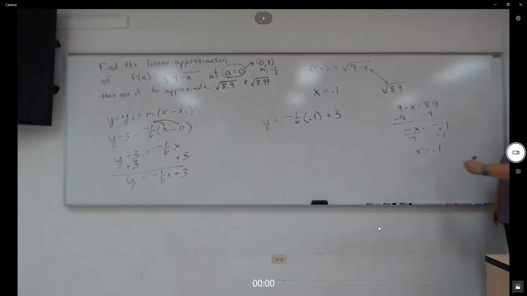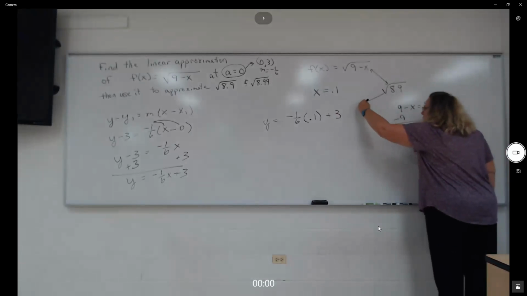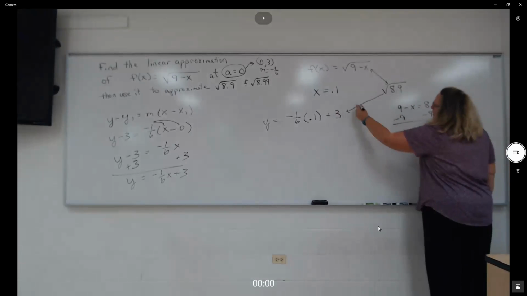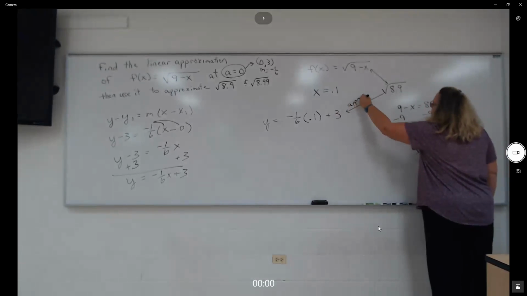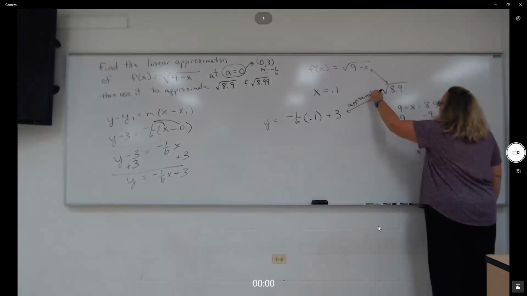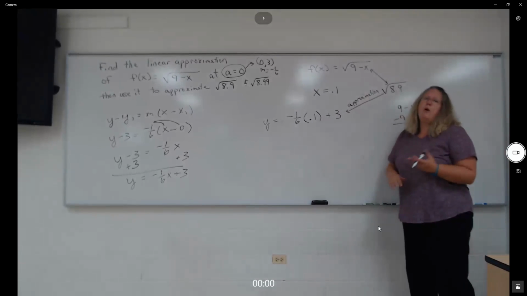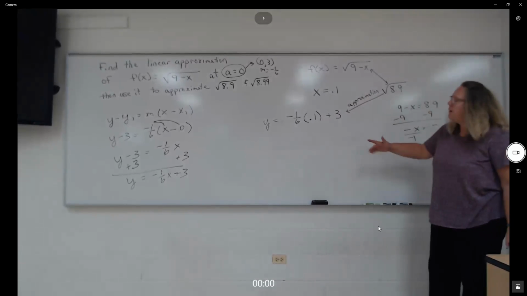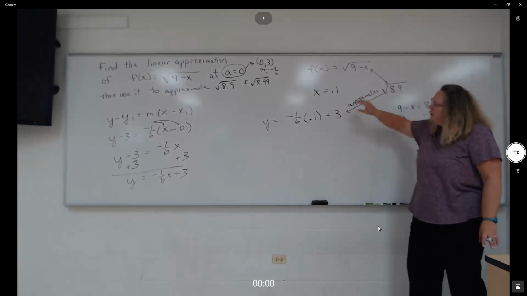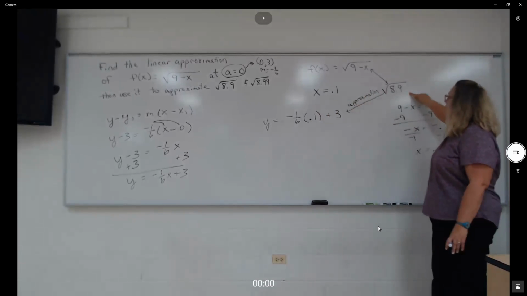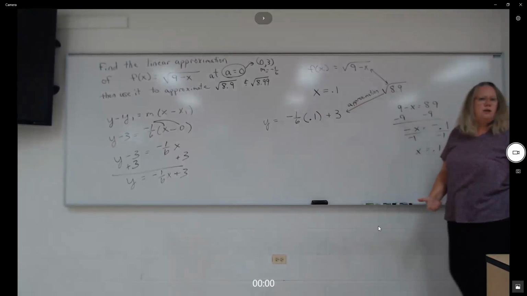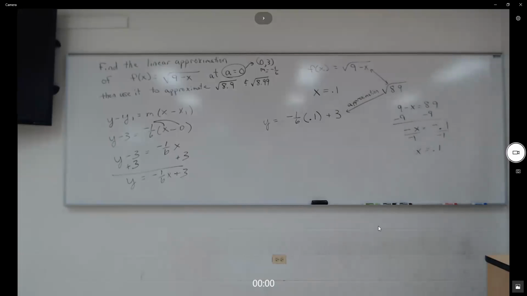And that is the approximation of the square root of 8.9. Now it's up to you. You've got three choices. One, you could use a calculator, and I'm okay with that. But two, the question is, could we approximate this without even using a calculator?